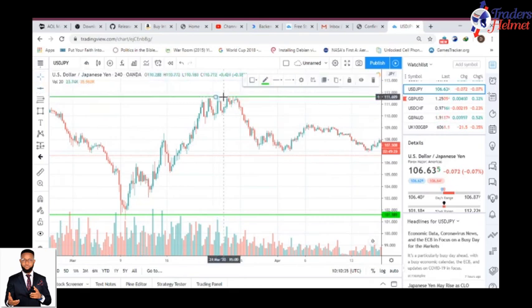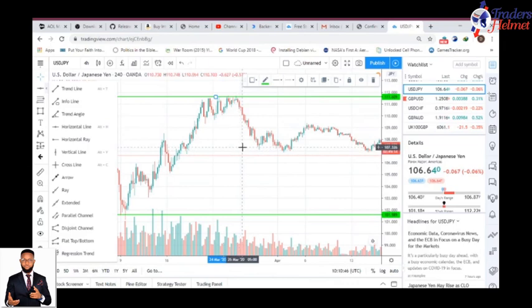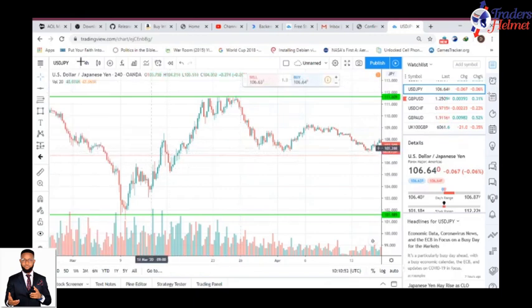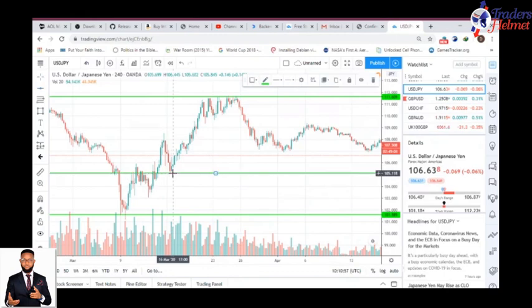In between the support and the resistance, there's another point where price rests. That could be this point. At this point, there was a lot of reaction in this area.